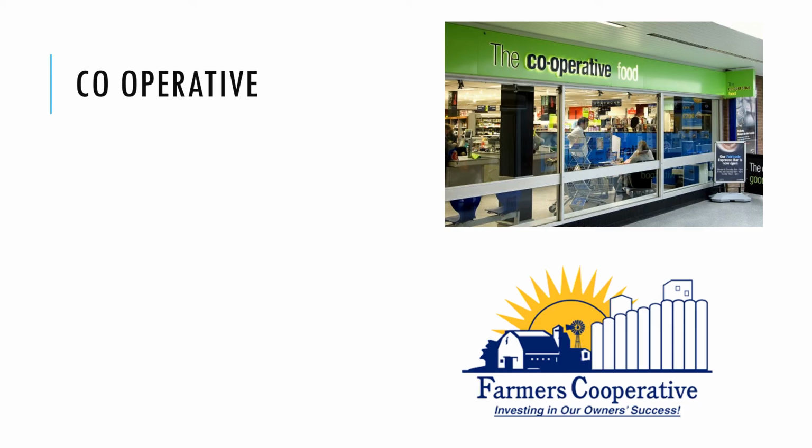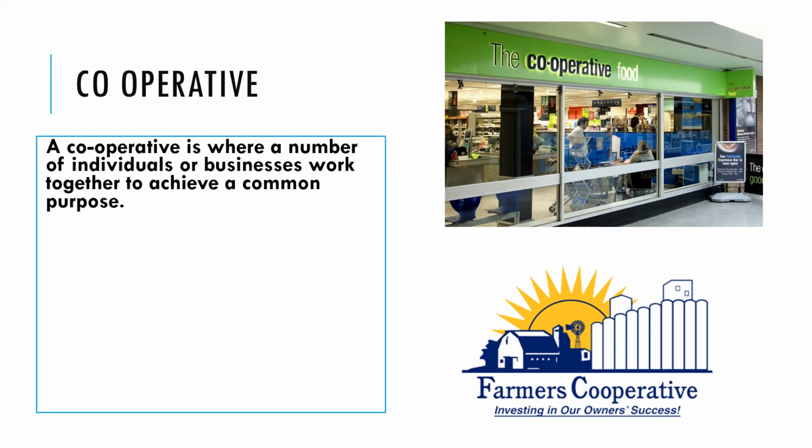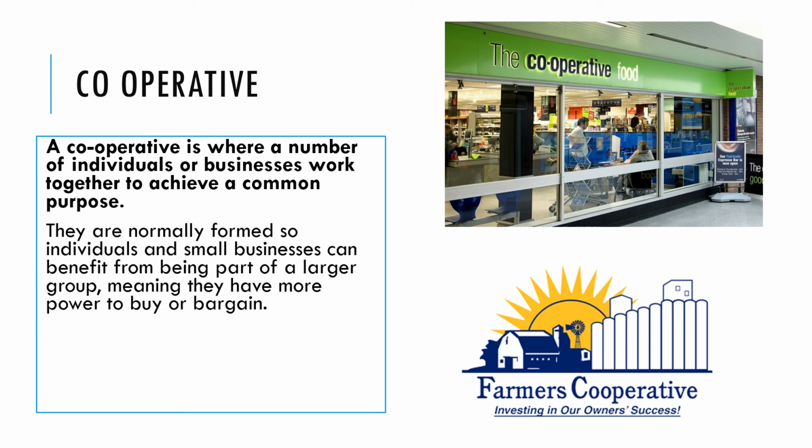Another type of business we need to be aware of is called a cooperative. And that is where members of the cooperative are individuals or businesses who are working together to achieve a common purpose. So they normally are formed so the individuals can benefit from being part of a larger group. An example might be farmers. If you have lots of separate little farmers all trying to negotiate a price for their milk with a supermarket, they don't have much bargaining power.